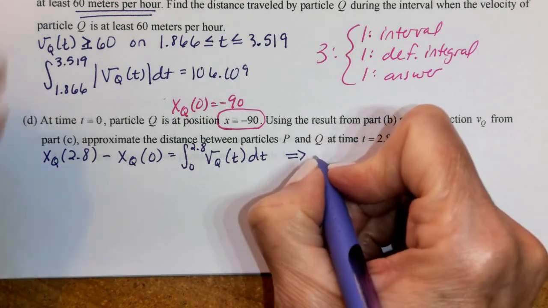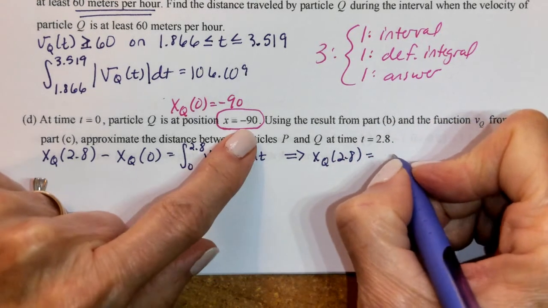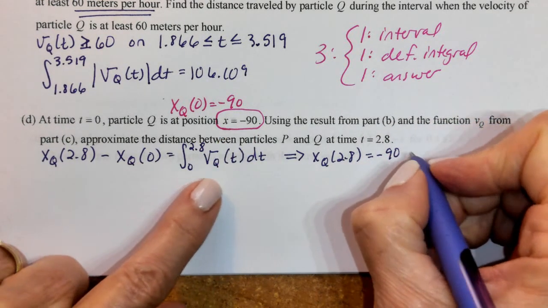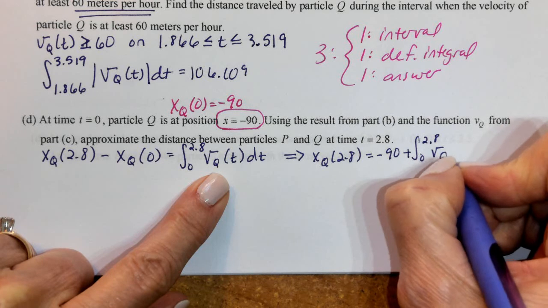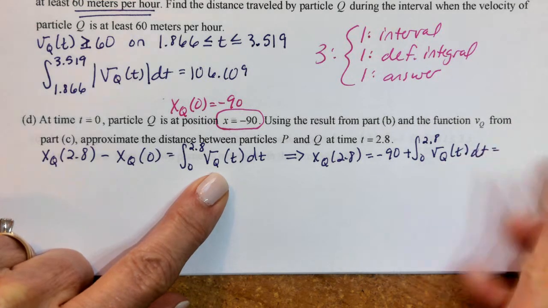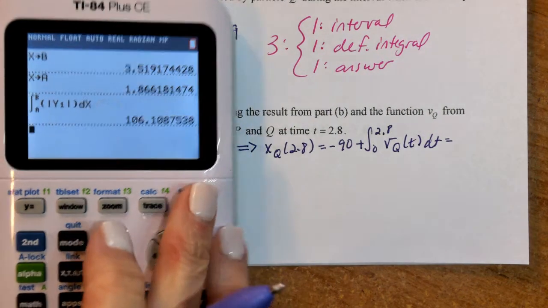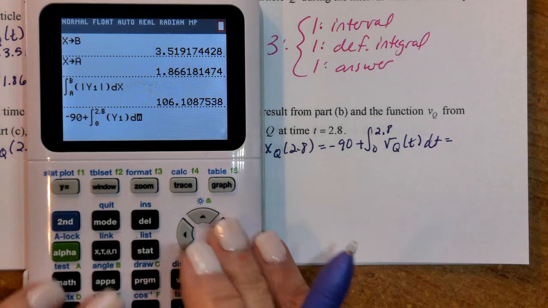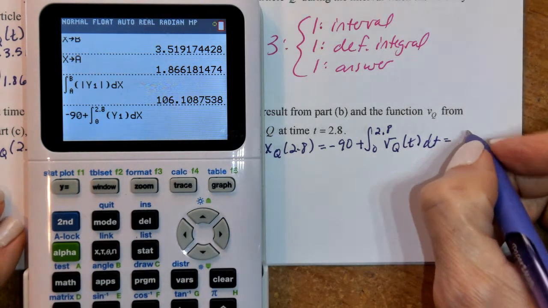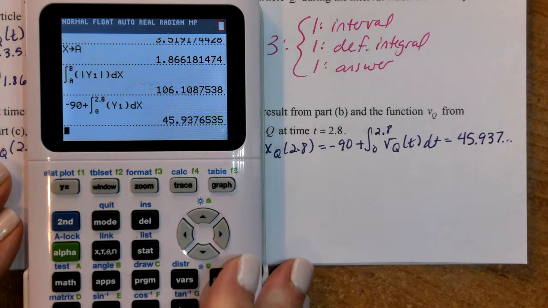So this gives me x sub q at 2.8 is equal to negative 90, I'm going to bring that over, negative 90 plus that integral. That's the one I have stored in my y1, so I'm going to go get that. So negative 90 plus math 9, 0 to 2.8 of my y1. So 45.937 dot dot dot. Okay, have that.